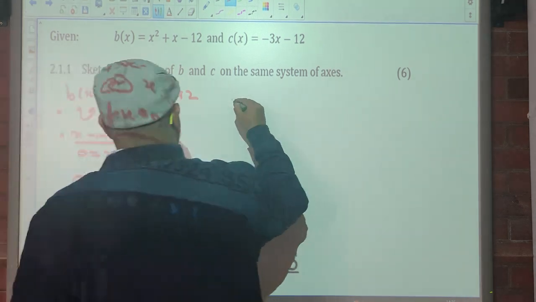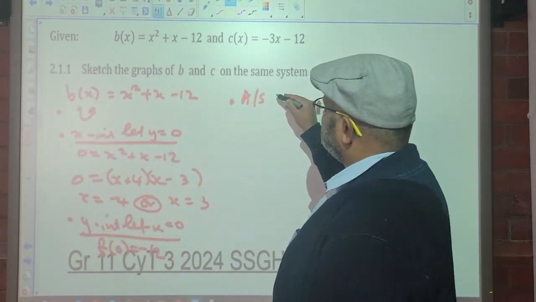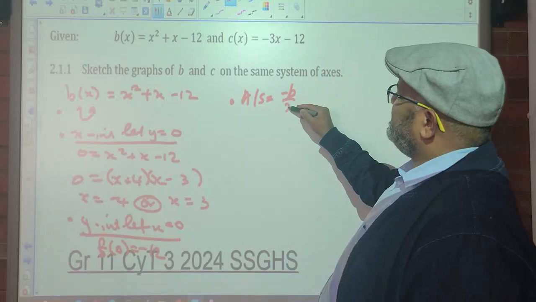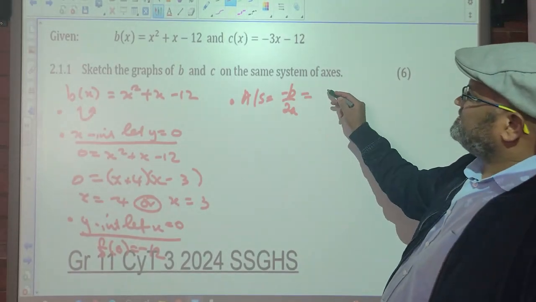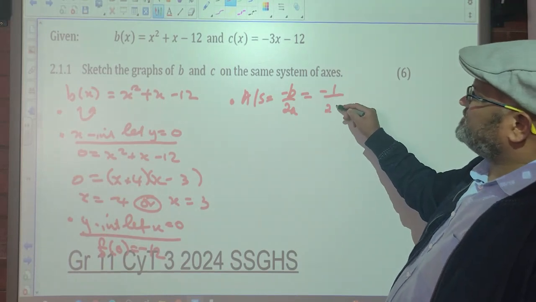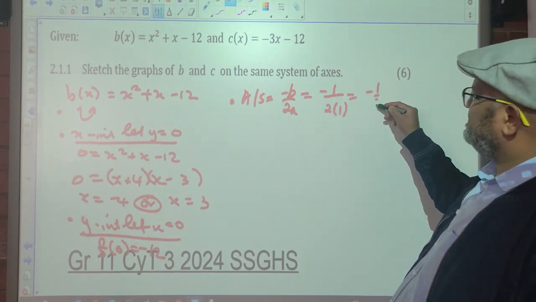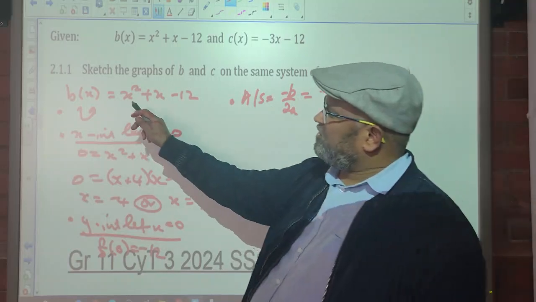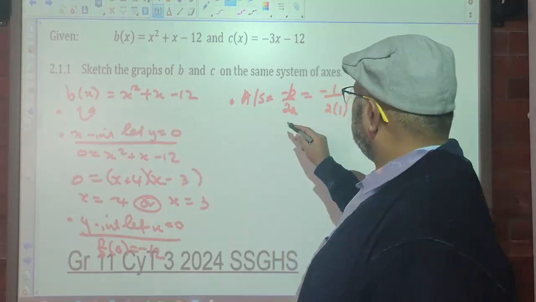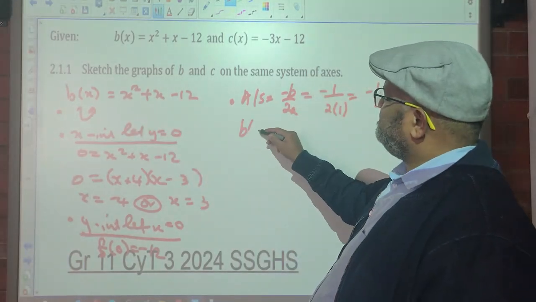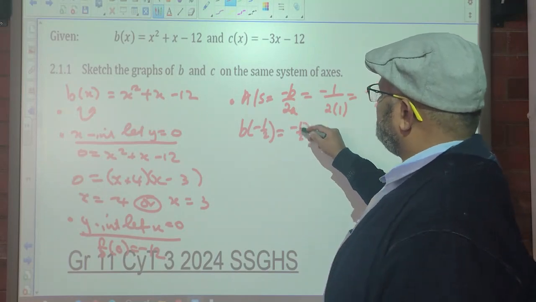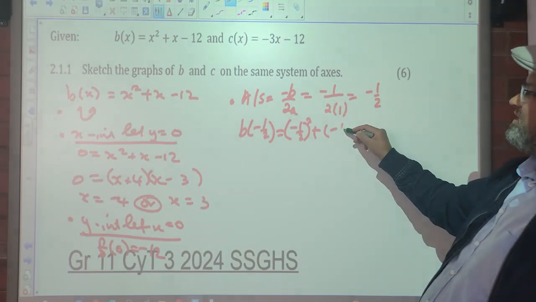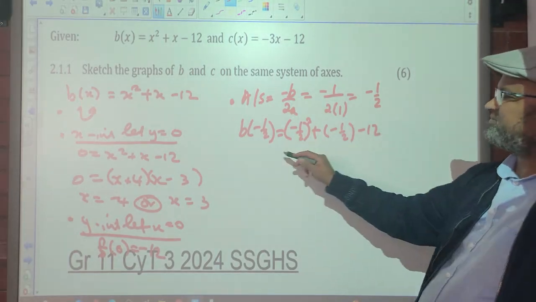Now, axis of symmetry. What do you do for axis of symmetry? Minus b over 2a, which is negative 1 over 2 times 1, which is negative half. Remember that's your a, b, and this your c. We sub negative a half into B of x. So B of negative a half is equal to negative a half squared plus negative a half minus 12.